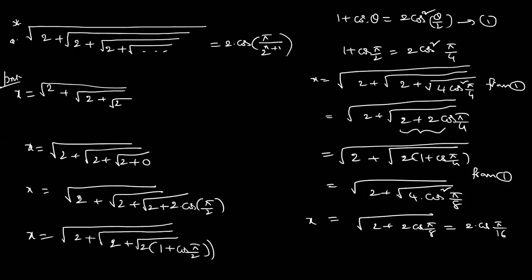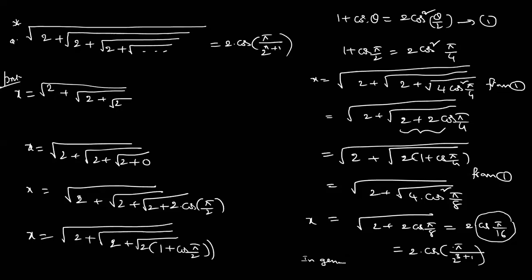What are you observing? Anyone? So this one I can write 2 into cos pi by 2 power 3 plus 1. Here 3 represents the number of times repeated roots, see? Number of square roots. So that is the formula.